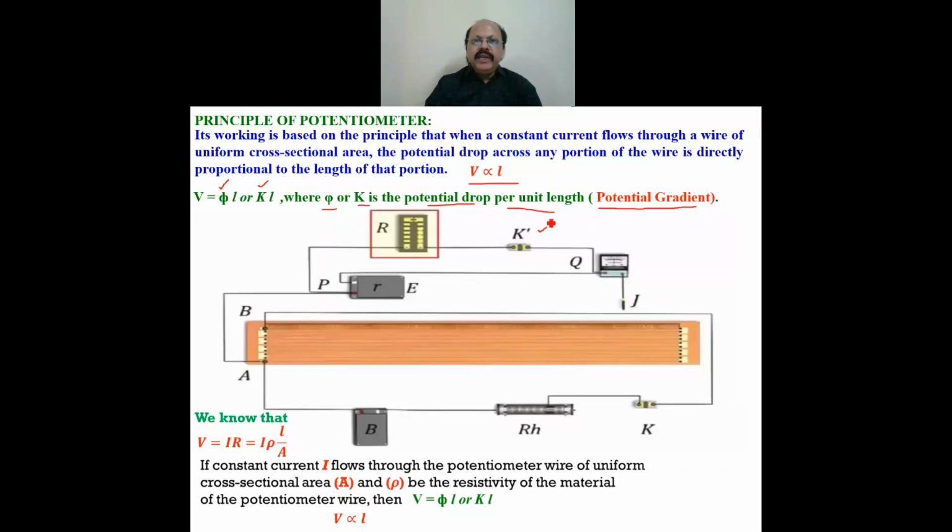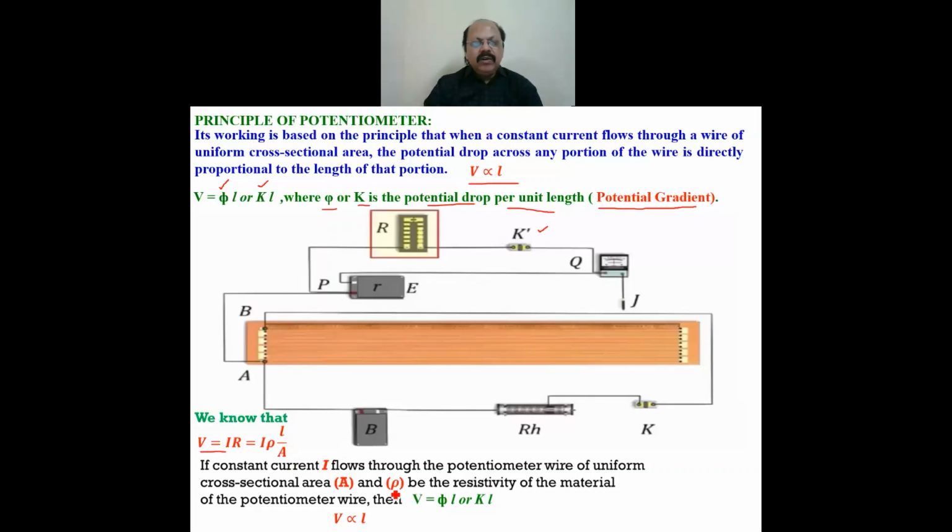Whatever we are saying here, V is directly proportional to L, and how do you justify this? For that purpose, we know that V is equal to IR, and in place of R is rho L upon A. So V is equal to I rho L upon A, where I is the constant current, A is the uniform area of cross section, rho is the resistivity of the potentiometer wire.